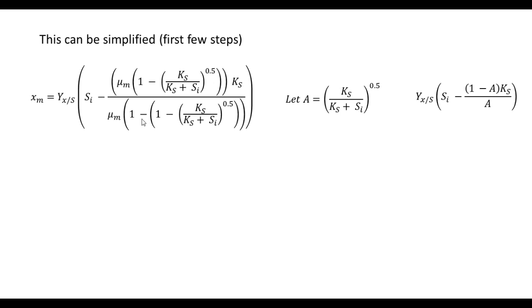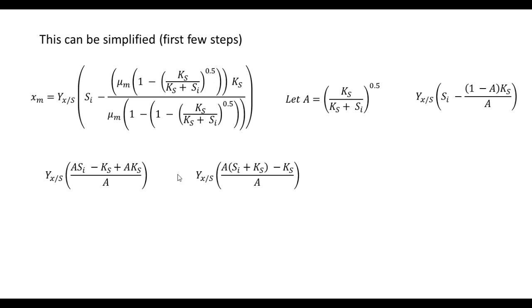The 1 and 1 would get cancelled out if I open the brackets, and then this would become plus, which would just be a. The mu m and mu m are going to get cancelled out anyway, so that goes out. And therefore, if we take a common denominator here, we are going to get a Si minus Ks, expanding the bracket here, plus a Ks, and then combining the terms. Now you are closer to the solution.